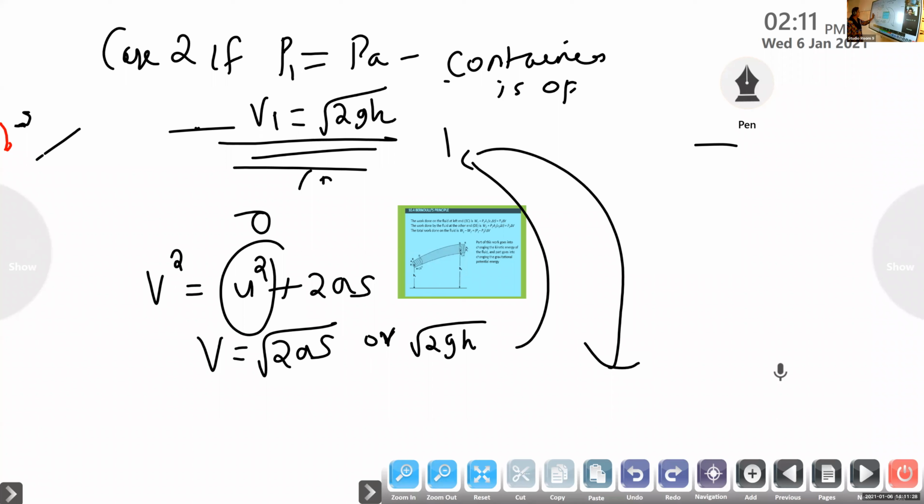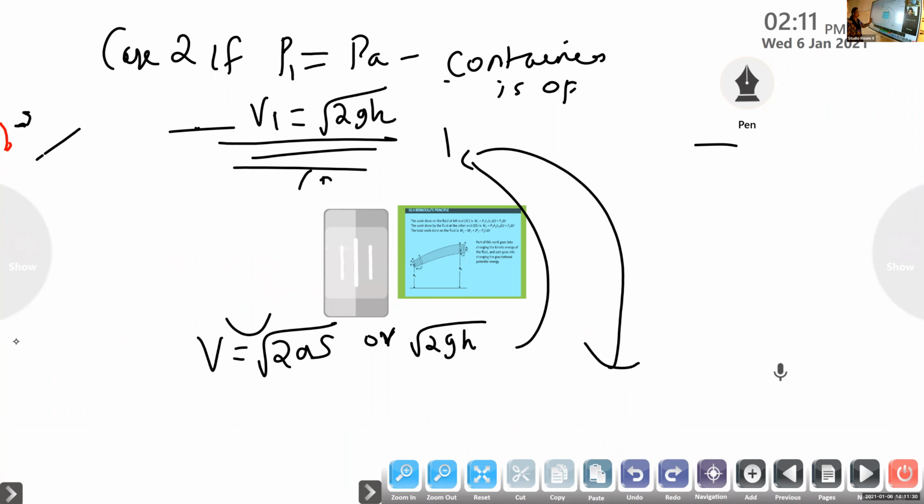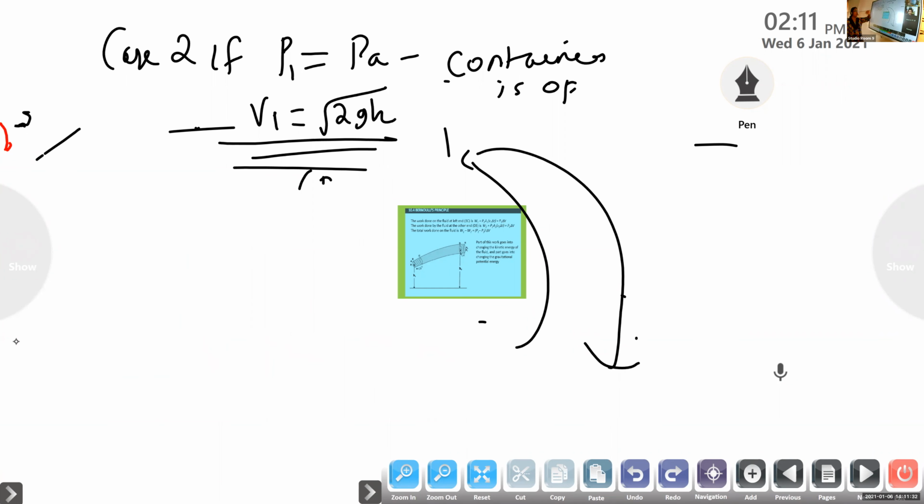So that is the reason for the first sentence: why we are saying it is equal to a freely falling body or freely falling raindrops. Clear?